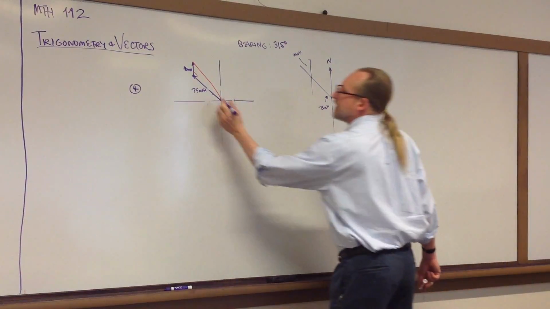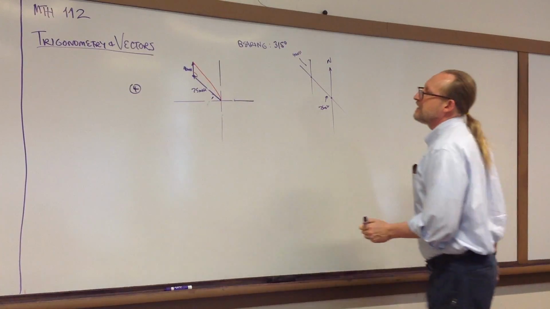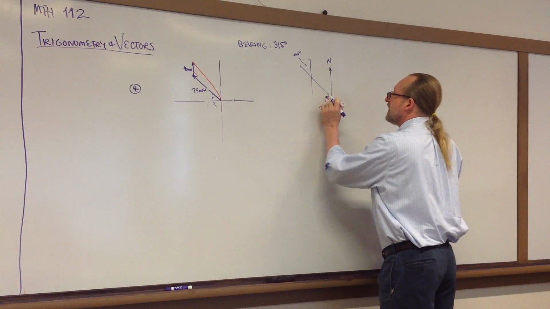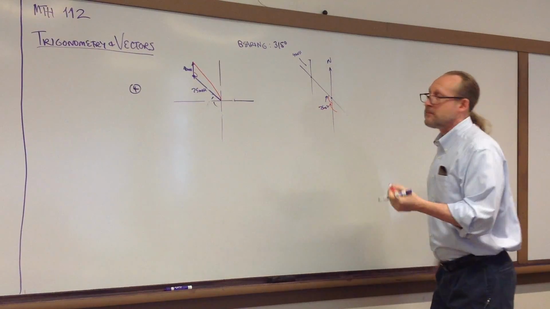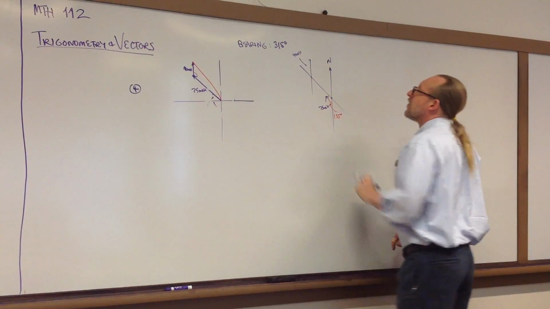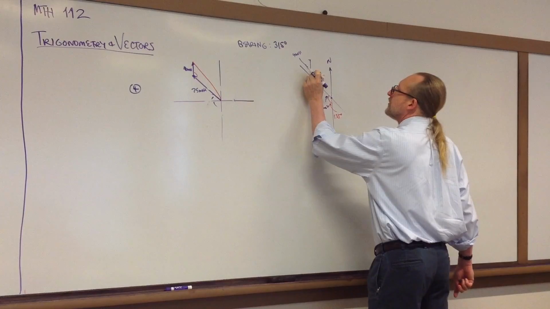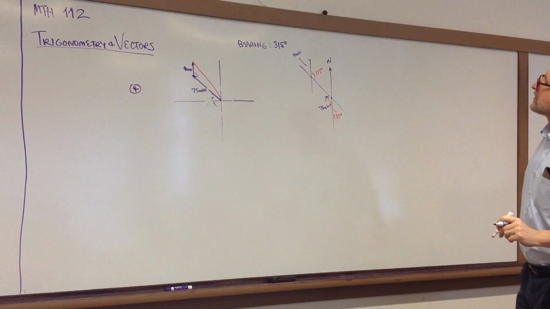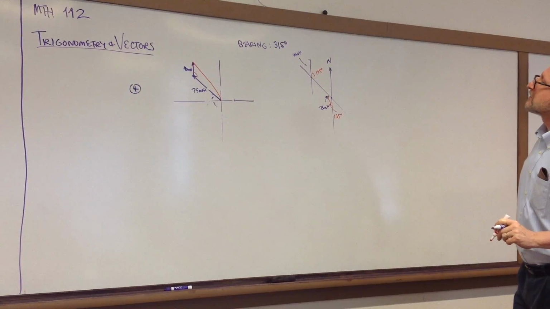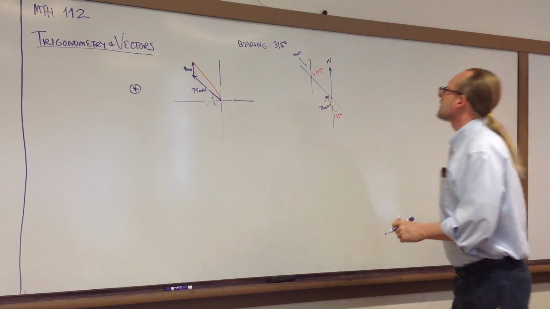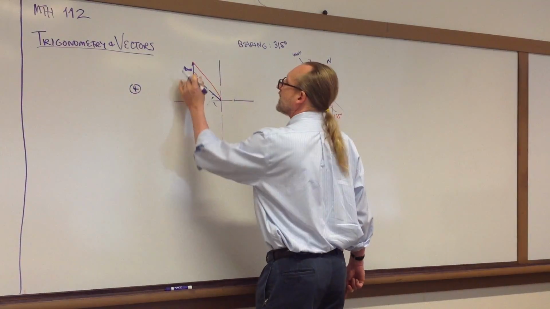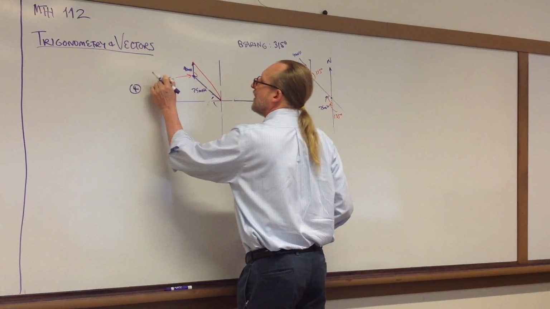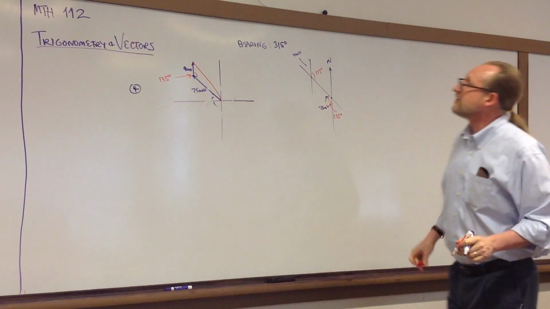Okay, so we know that this in here is 45 degrees plus this 90 right here tells us that this angle right here is going to be 135 degrees. Okay, and then if we use alternate interior angles, that says this angle over here is also 135 degrees. There are a variety of other ways to come out with those values, but what we're saying is that this angle right here is this angle inside that triangle, and that is 135 degrees.